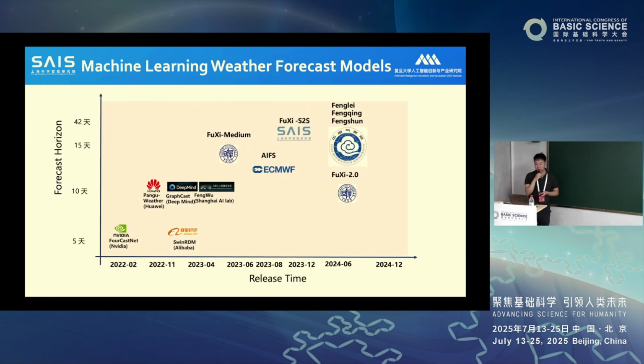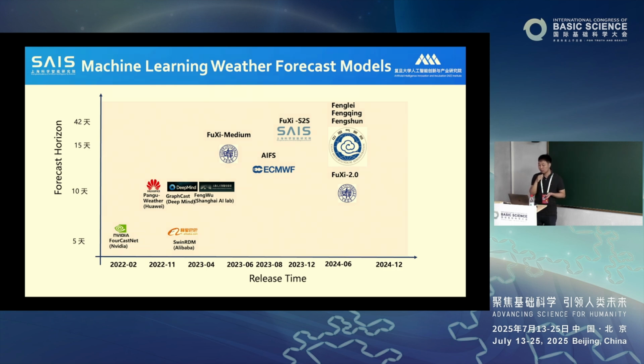This is a very brief timeline of the development of machine learning based weather forecasting models. Ever since NVIDIA released FourCastNet in 2022, people started to realize that AI-based models have the potential to outperform conventional NWP models.